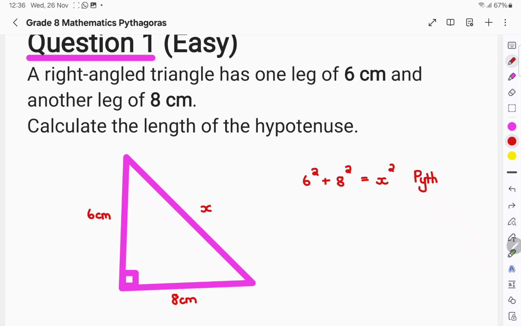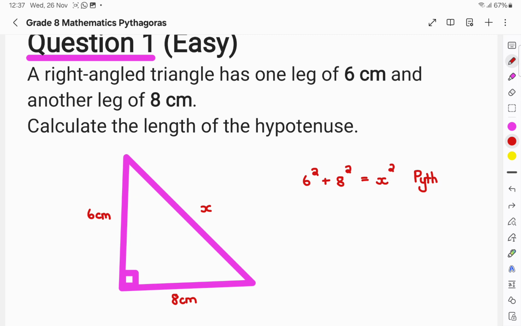Now another thing that I want to focus on is the Pythagorean triplets. If you ever want to Google the Pythagorean triplets, those are two squared numbers that are added together that will give you a perfectly square rootable number.